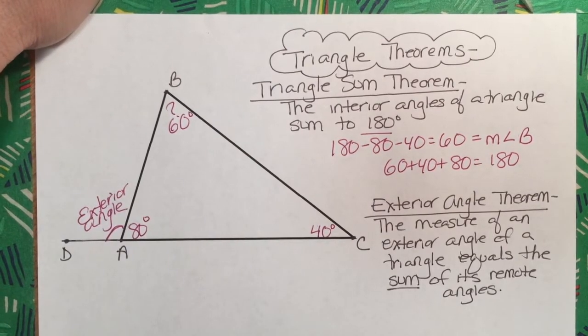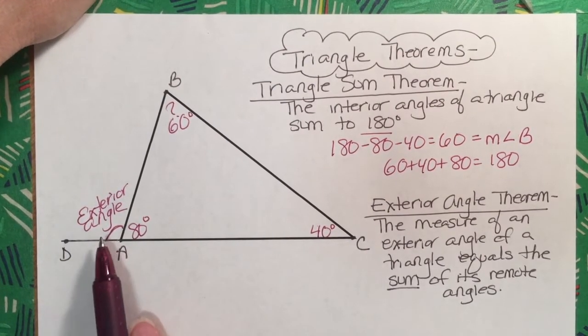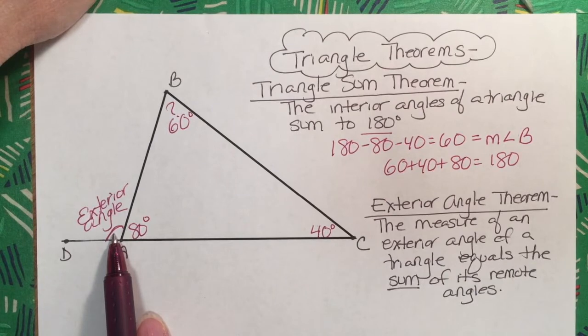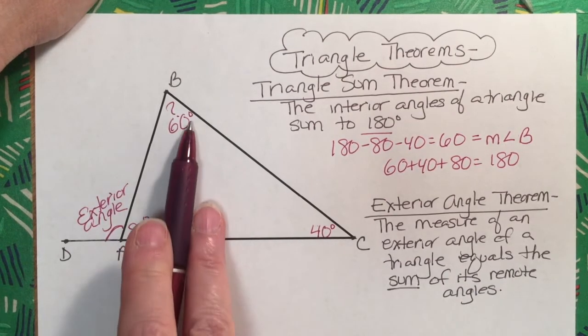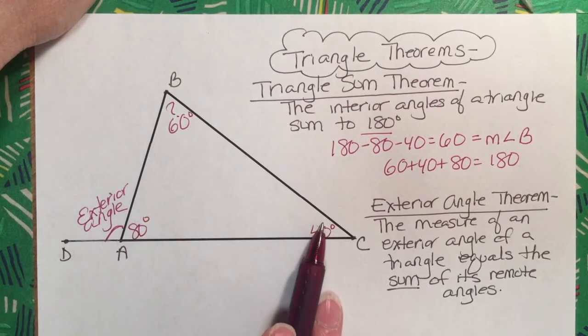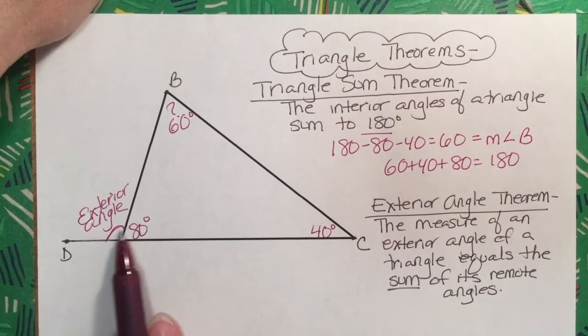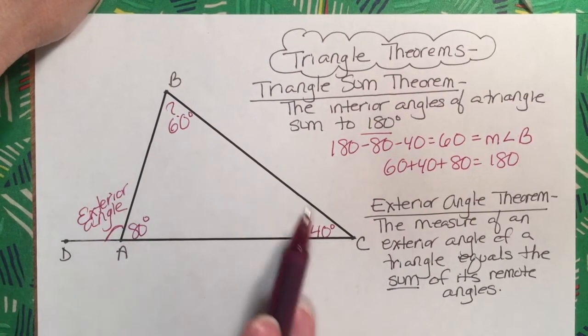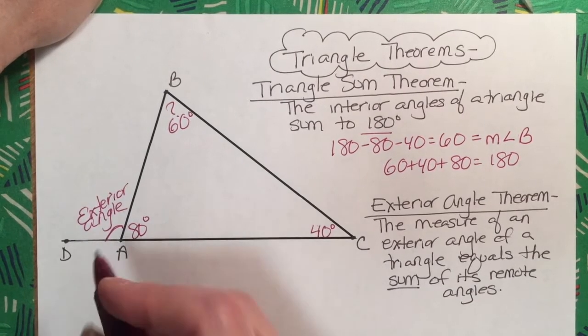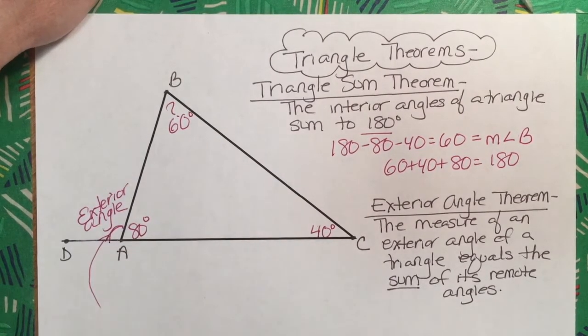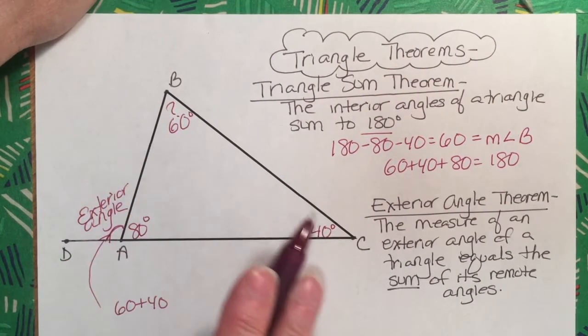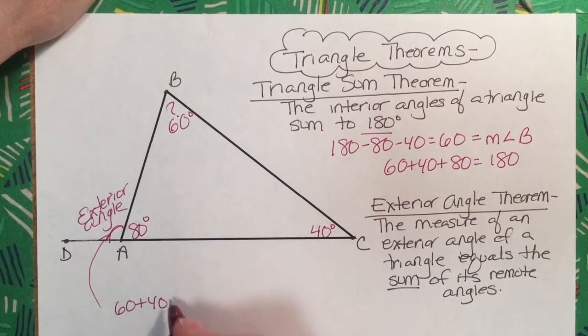And the useful theorem about this says that the measure of that angle is always equal to the sum if you add together the other 2 interior angles, not the one right next to it, but if you add up the other 2, okay? So that angle measurement there is going to equal 60 plus 40. It's going to equal those 2 angles added together.